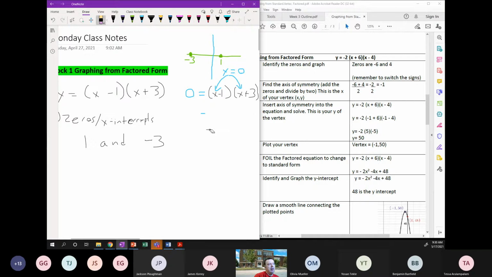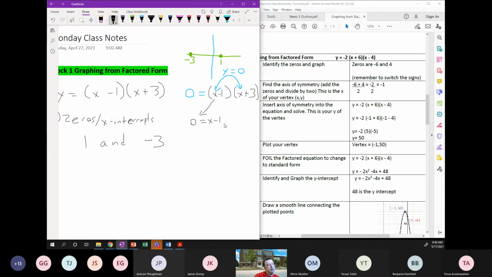And to show you the math of it, that's why we make it equal to 0, because along the x-axis y is 0. And sometimes it's impossible. Like if you have a parabola like this, it doesn't have any zeros. So the actual math of this is we pull this out, and we try to make that equal to 0.